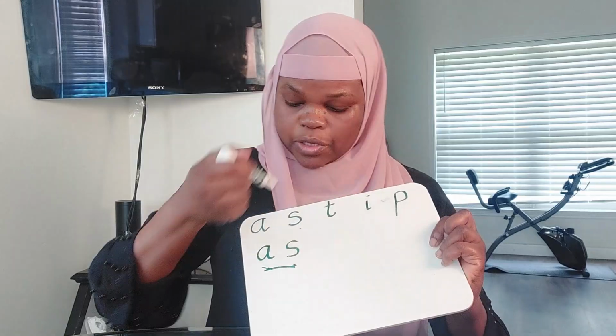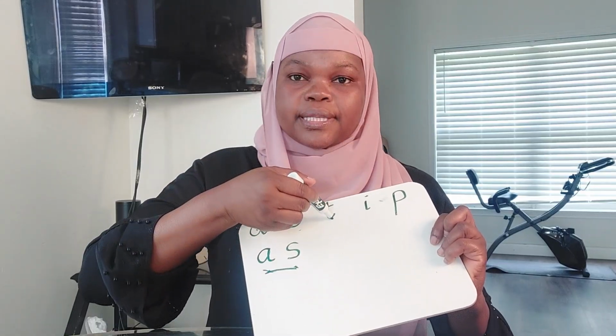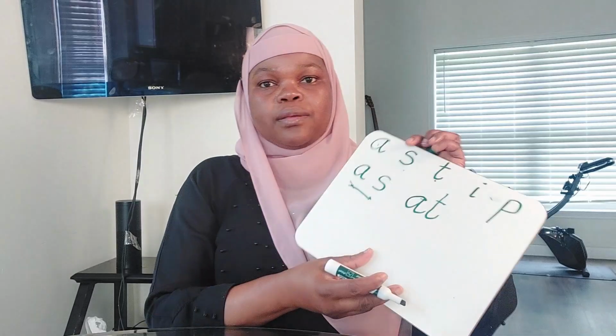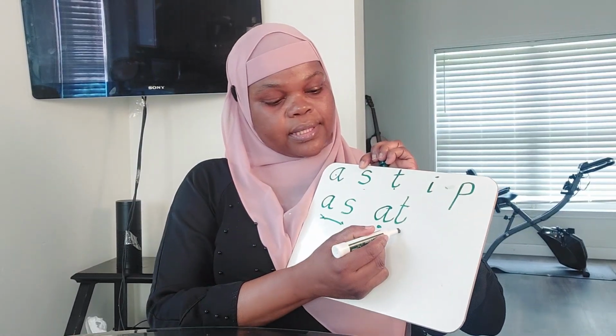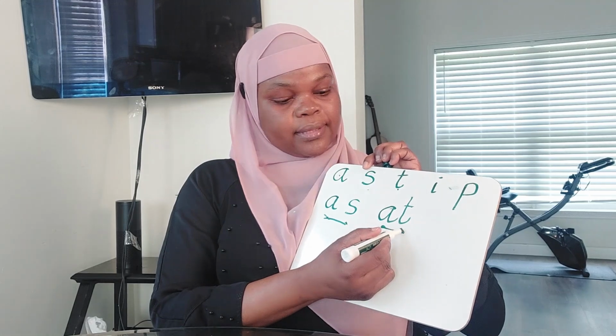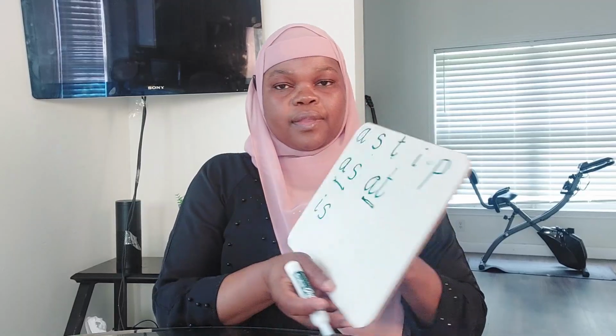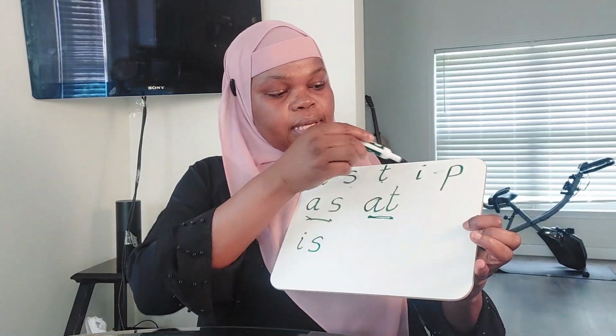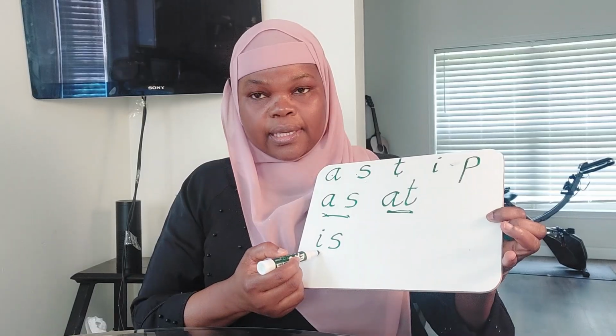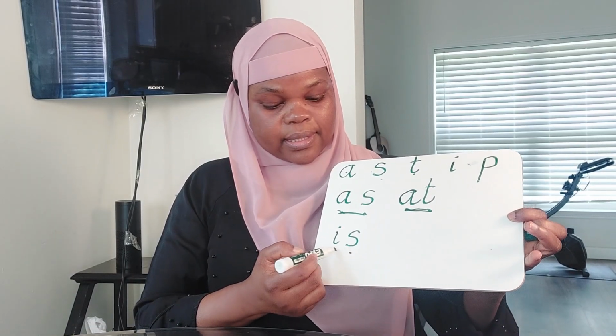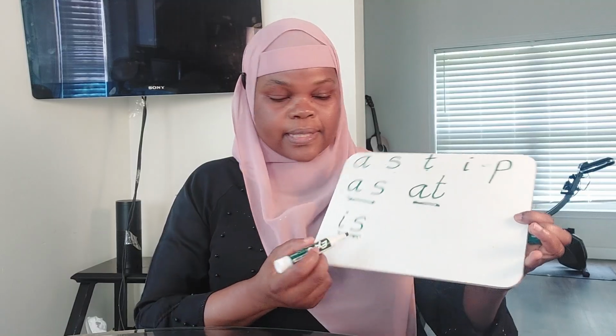From these five, you can bring a and t together: a, t, at. Then a and s together: a, s, is.